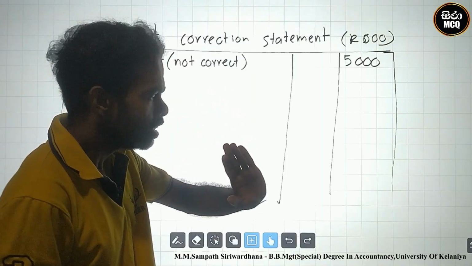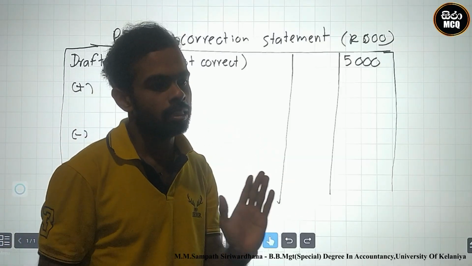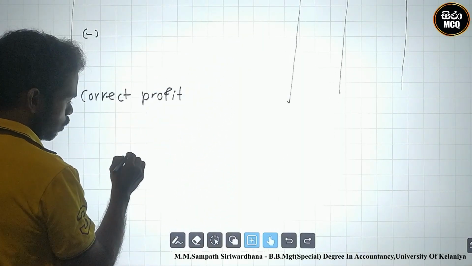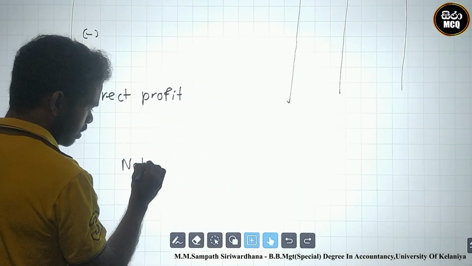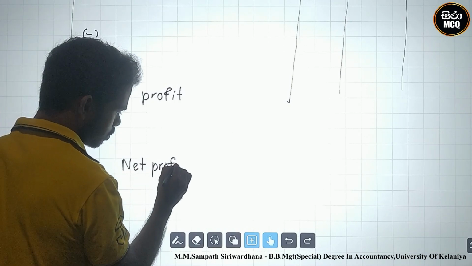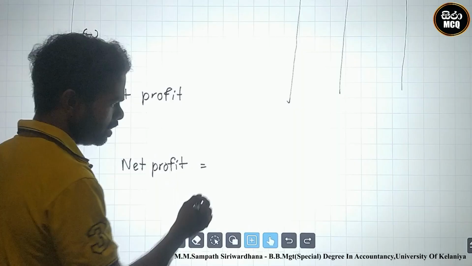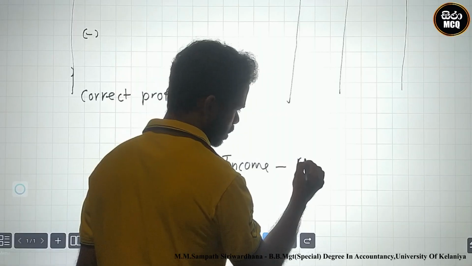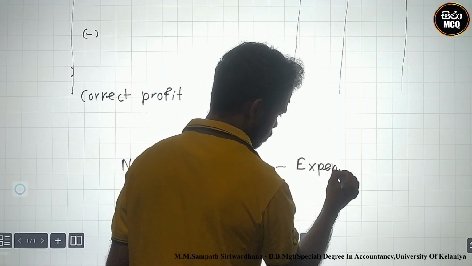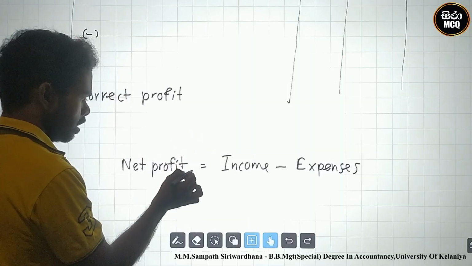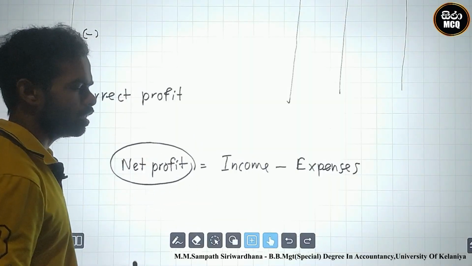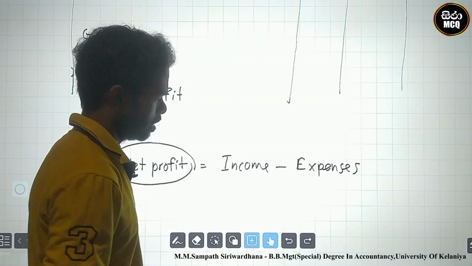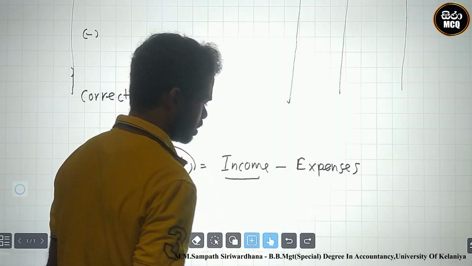The profit is calculated through two things mixing. What is it? The net profit is calculated easily: income minus expenses. The net profit, drafted or corrected, or all profits, are calculated through income minus expenses.